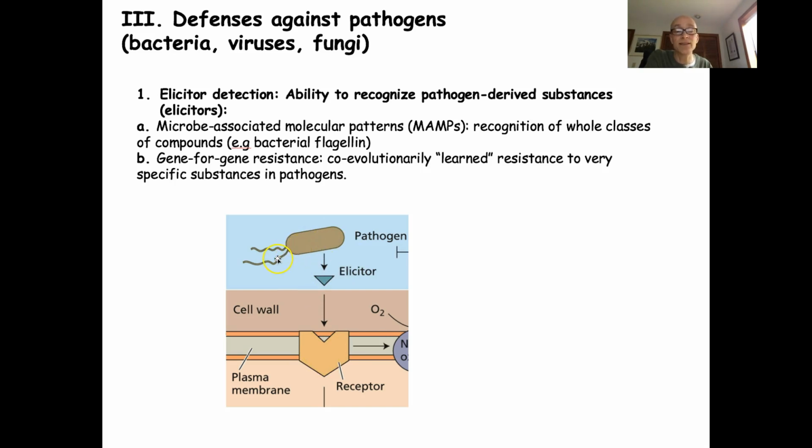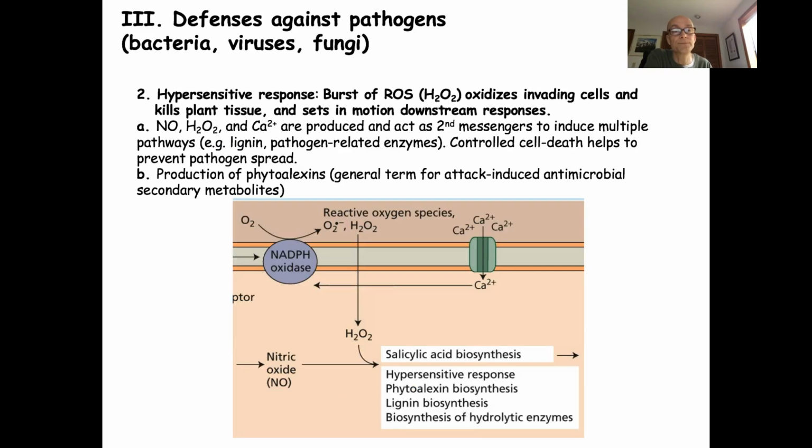It has a flagellum, so it makes this particular substance that will elicit the response, or it has other properties that the plant will then recognize as a pathogen. So don't think about the elicitor as something that is intentionally produced by the pathogen. It's something that is unintentionally produced by the pathogen and then used by the plant in its own defense.